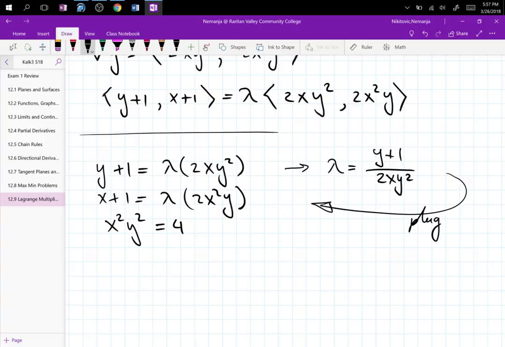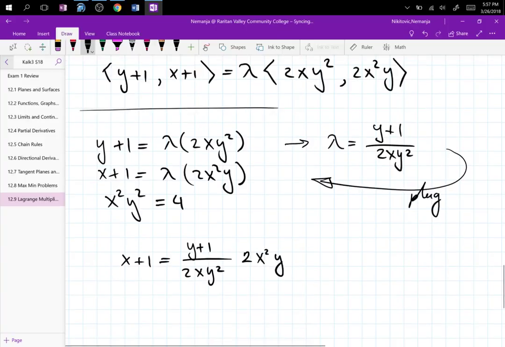So I'm going to use the first equation and solve for lambda, and this is my general approach to these types of problems. I like to eliminate lambda because I just don't need it for anything. So instead of lambda in the second equation, I have y plus 1 over 2xy squared, times 2x squared y.